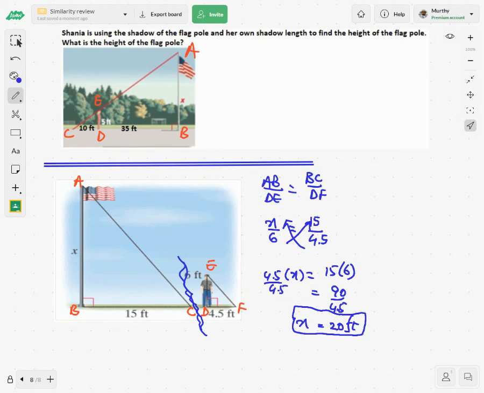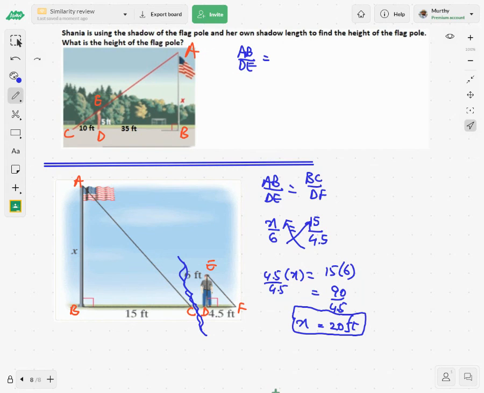But when it comes to the first question, this is the tricky part. I'm taking the vertical line, which is AB, over the vertical line of the small triangle, which is DE, equals the horizontal line. Here the majority of the students tend to make a mistake.